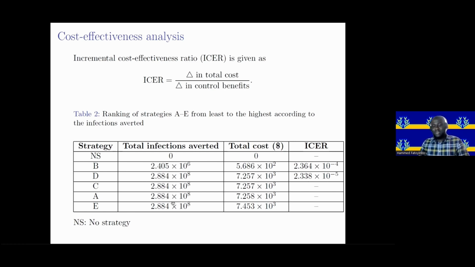Looking at the total cost, we see that strategy D has the least cost here, meaning that strategy D is cheaper and the most effective compared to all other control interventions that we have considered.